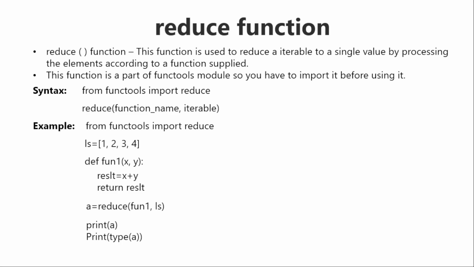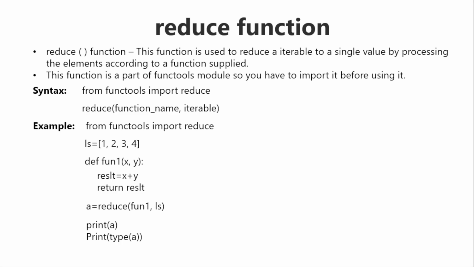The function I have defined takes x comma y, where result is equal to x plus y, and I am returning the result. So the result will be the final reduced value of the iterable. Then a is equal to reduce of func1 comma ls, where func1 is the function and ls is the iterable on which we need to perform the func1 operation. That's the complete description of the syntax.